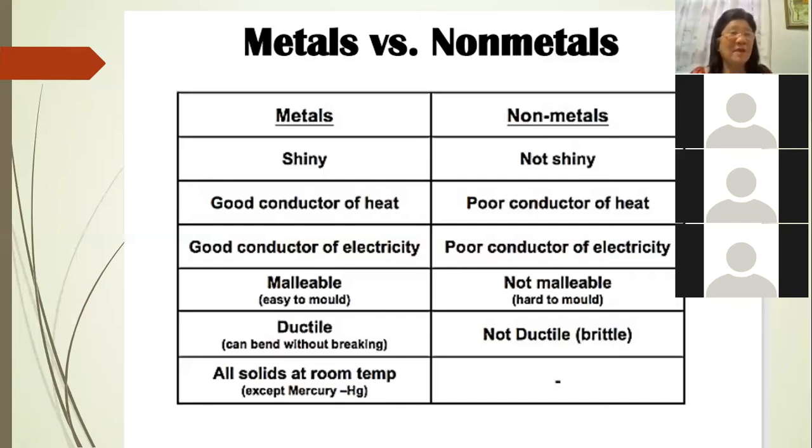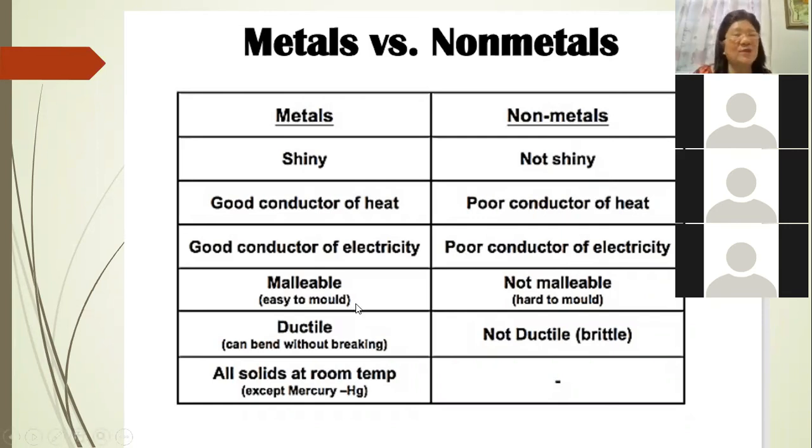But with a rubber at the upper portion, when you hold it you can still hold it, because it insulates and blocks the conduction of heat into the handle. They serve as insulators. So metals are good conductors of electricity, while non-metals are poor conductors.